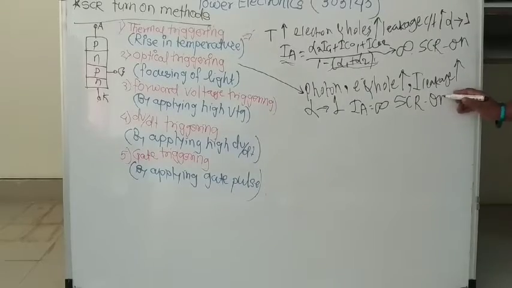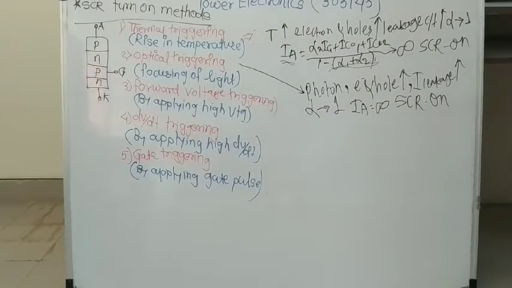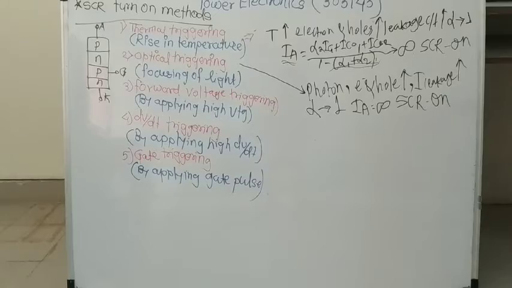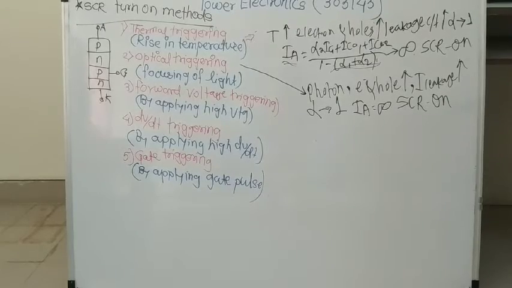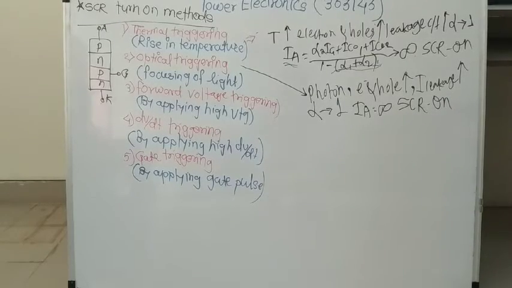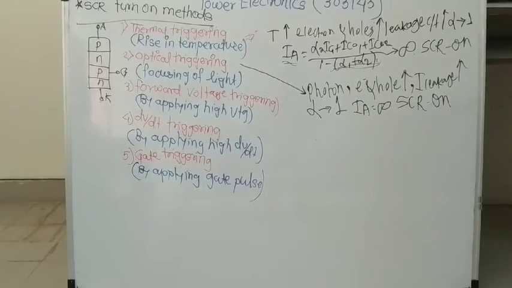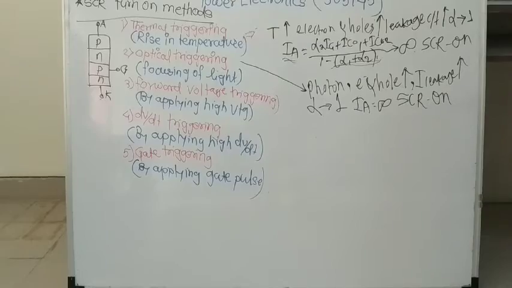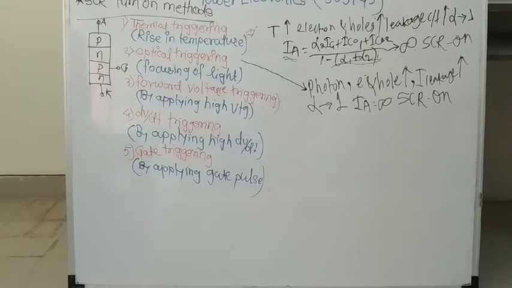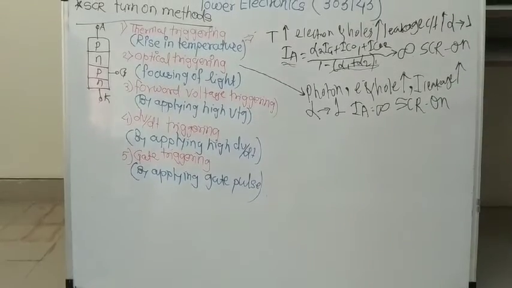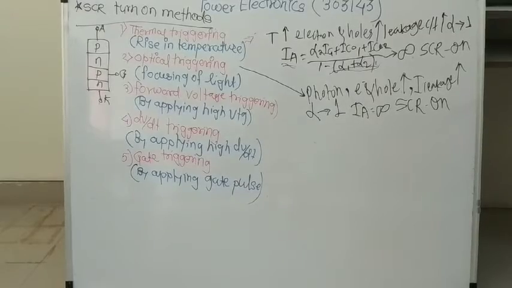In this way, due to optical or light incident on the SCR, it gets turned on. This is called optical triggering, or it is also called focusing of light. The turn-on time of the SCR totally depends on how much light intensity is incident on it.